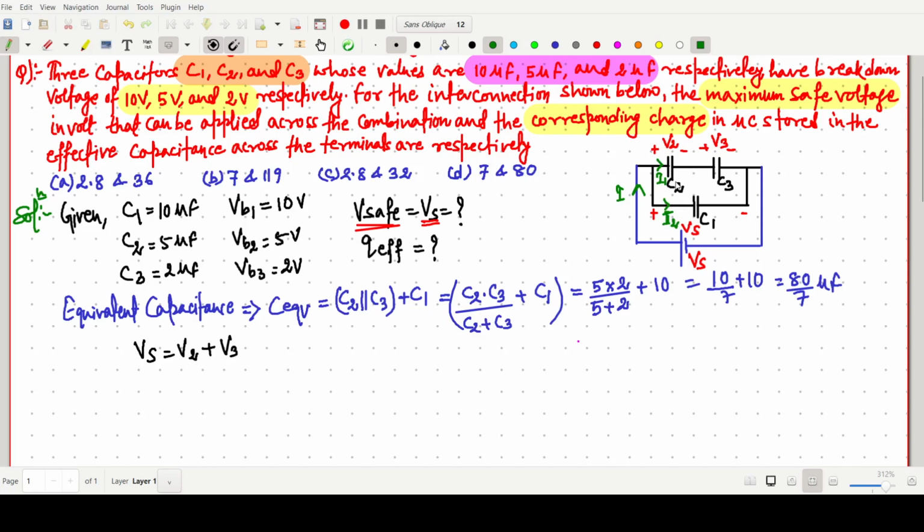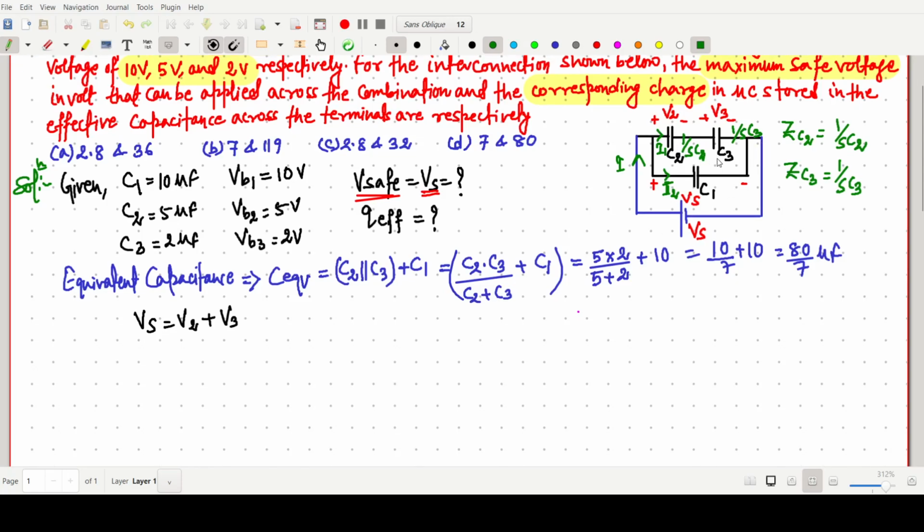The impedance across capacitor C2 is 1 by SC2, and for capacitor C3 the impedance is 1 by SC3. In both capacitors there will be the same current I1.